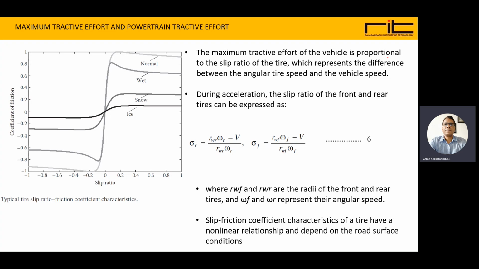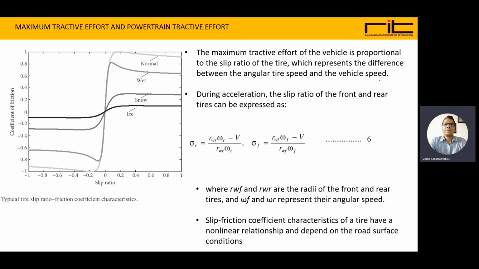The maximum tractive effort of the vehicle is proportional to the slip ratio of the tire, which represents the difference between the angular tire speed and the vehicle speed. So the angular speed of the tire is different from the vehicle speed, because whatever speed is with the tire, the same is not used for the vehicle speed. So there is some slip, and the speed of the vehicle is lesser than the tire speed.